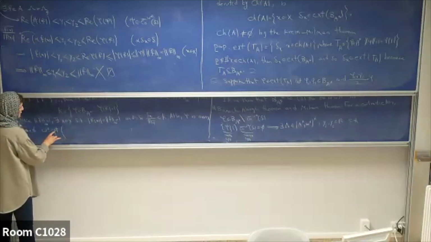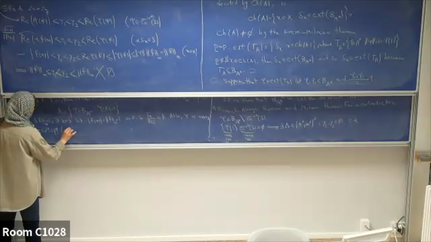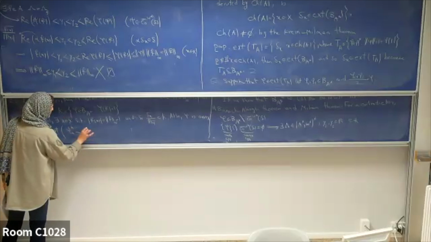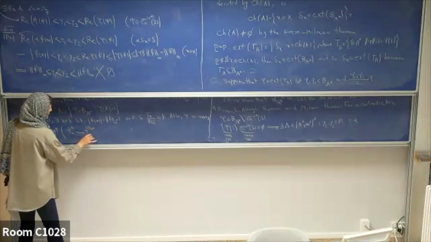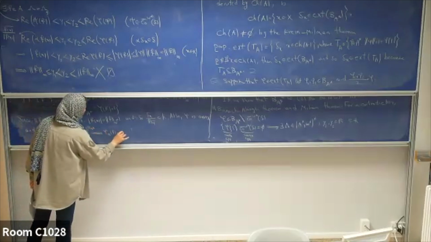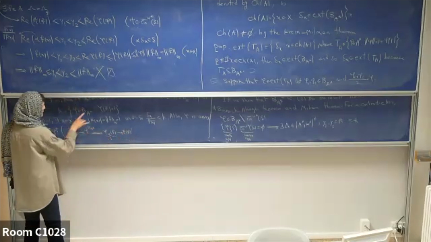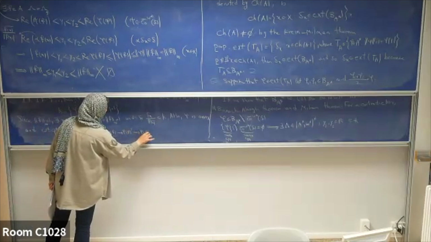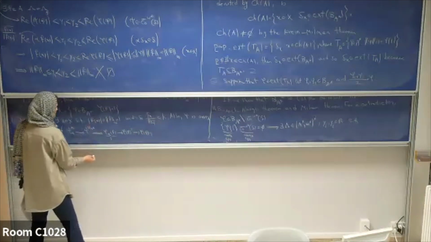If you like, you can work with a net. If phi alpha in K, phi alpha goes to phi in the ball of A star, we know that this is closed, and then phi alpha of f goes to phi of f is 1, because phi alpha in K, and so phi of f is 1. This is an element in B of A star, and phi of f is 1.